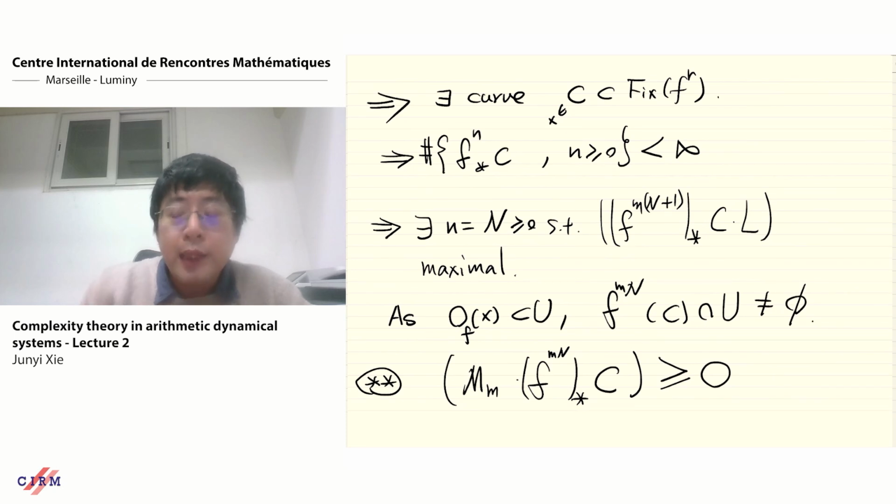So you look at the set of f^n pushforward of C for all n larger or equal to 0. This is indeed a finite set.